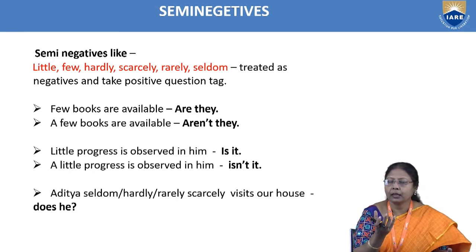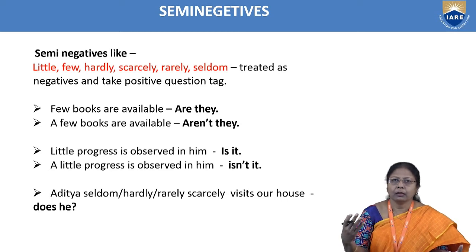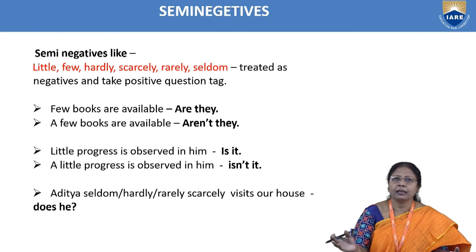Little sugar is there in the tin. Little sugar means negligible, so we treat it as a negative only, not as a positive. Few books are there in the almirah. Few books means not more than maybe one or two. We consider it as a negative only.